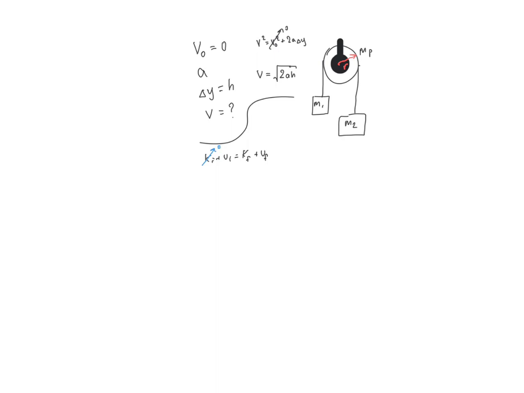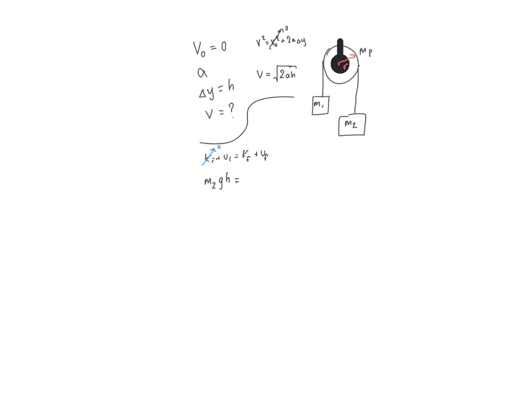So plugging in the formulas, for the initial gravitational energy, remember it was block 2 that started out at height h, so it's M2 g h, and that's equal to the final kinetic energy.